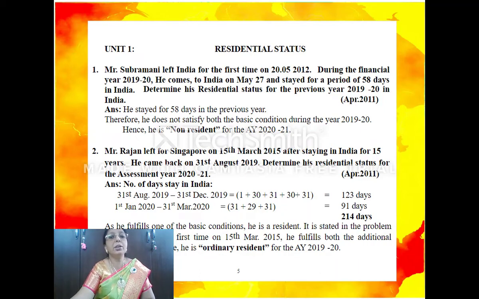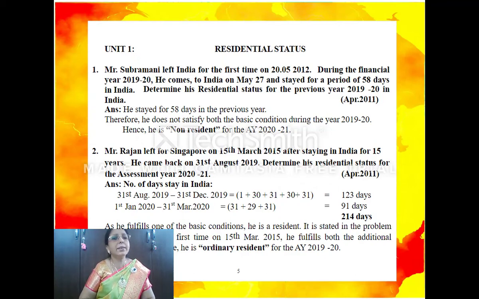Then again, 7 years prior to the previous year, he should be there for at least 730 days. When we go for 7 years before 2019-20, that is 18-19, 17-18, 16-17, 15-16, 14-15 and so on, like that 7 years.